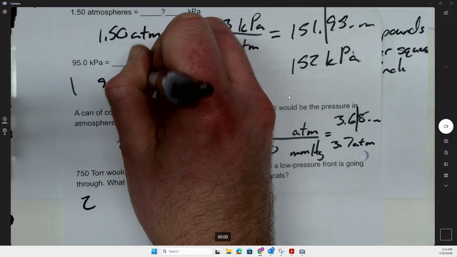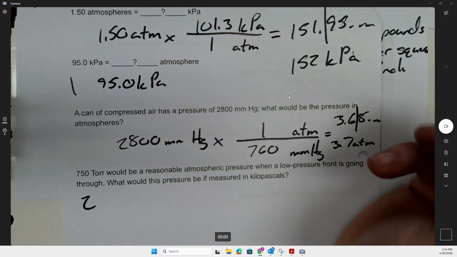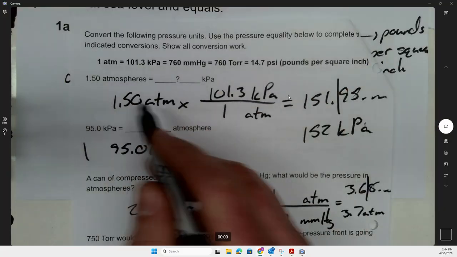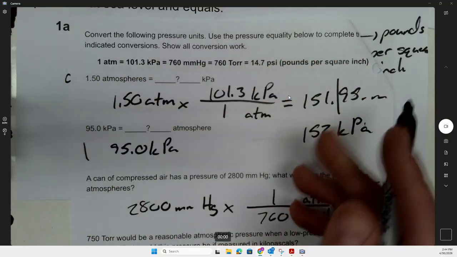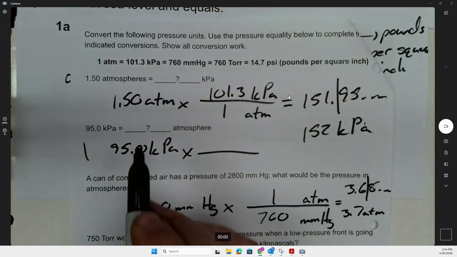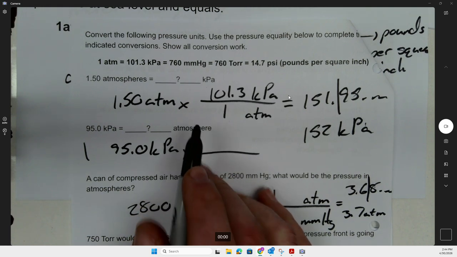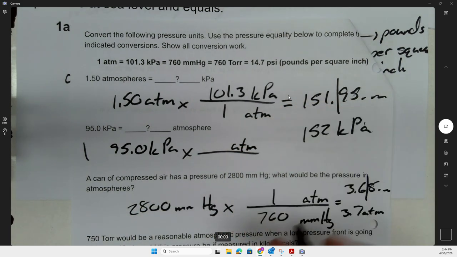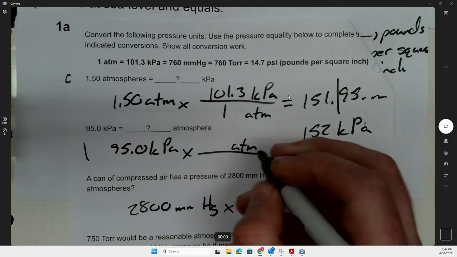95.0 kPa. Now, I'm going to use these equalities up top to answer my questions, right? Now, I want atmospheres. I want to get rid of kilopascals.